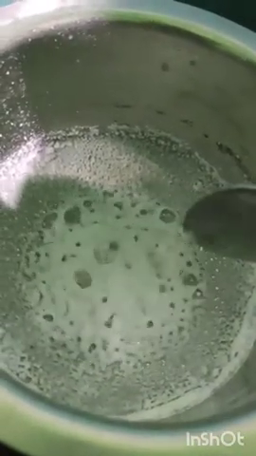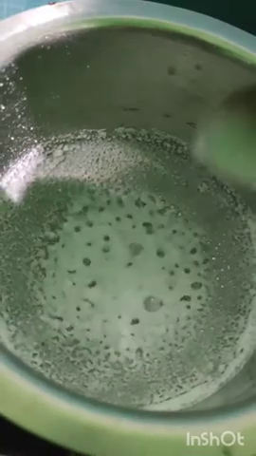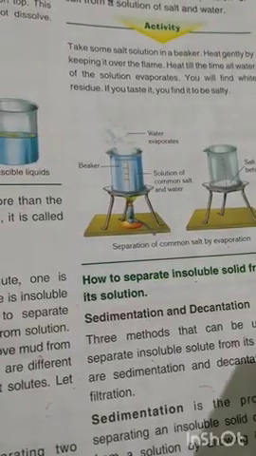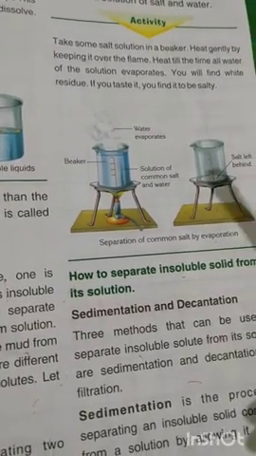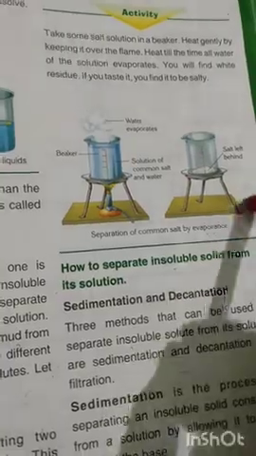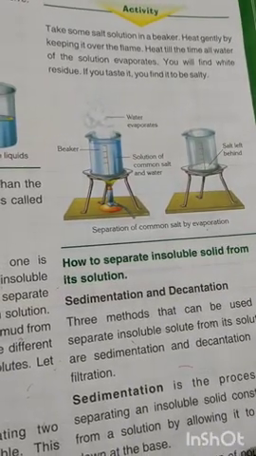So now you can see that the salt is left in the beaker and all the water has evaporated as water vapor, and you will find a white residue here. So this is the process of separation of salt and water. So evaporation is the process of separating salt and water.